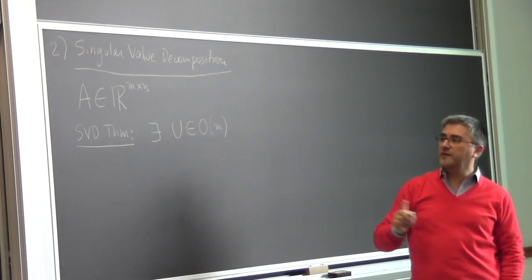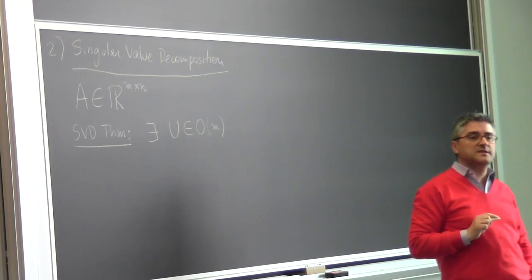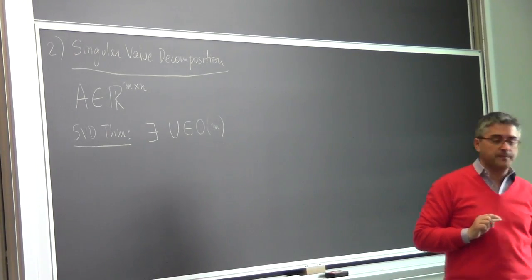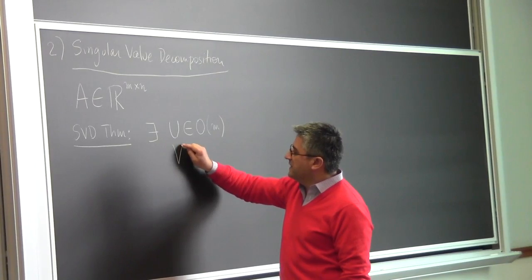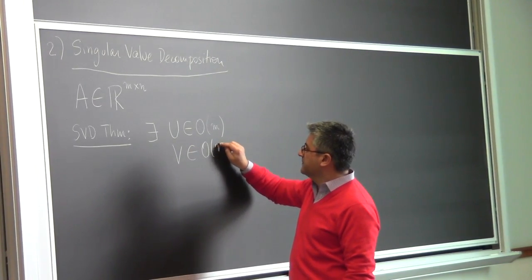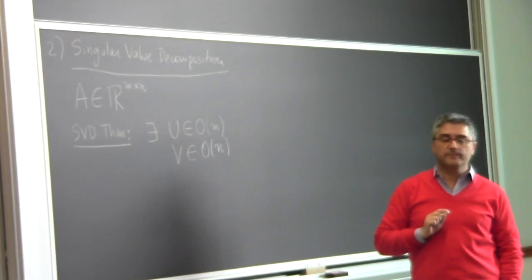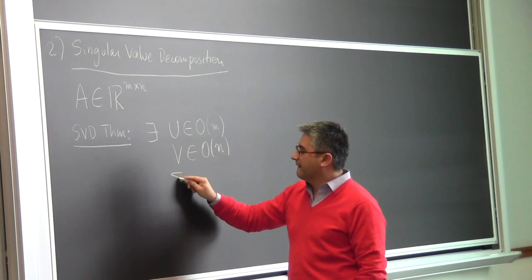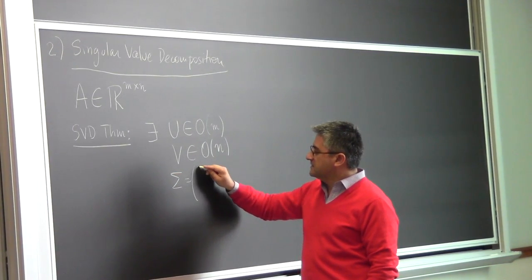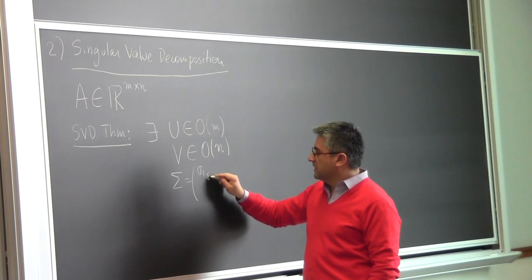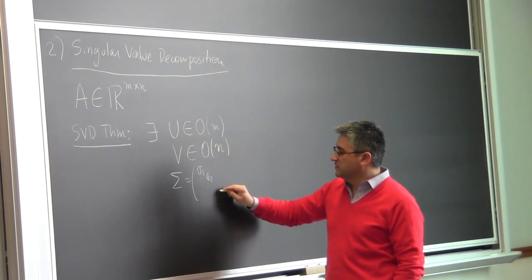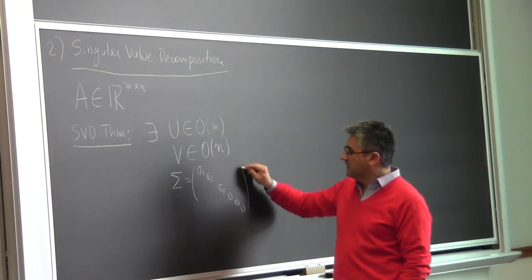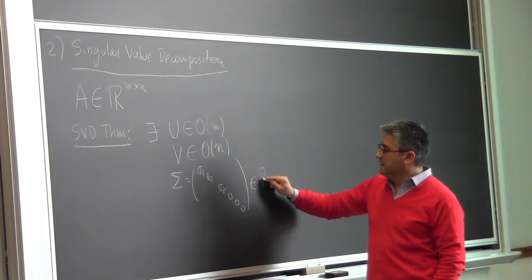Okay, and now I already defined what that O means. So what that means is that the matrix U is orthogonal and is of size m by m. There exists also a matrix V that belongs to O(n). Okay, and there exists also a matrix sigma that is diagonal, and the values are sigma 1, sigma 2, up to sigma r, and then everything else is 0. And this matrix is going to be m by n.